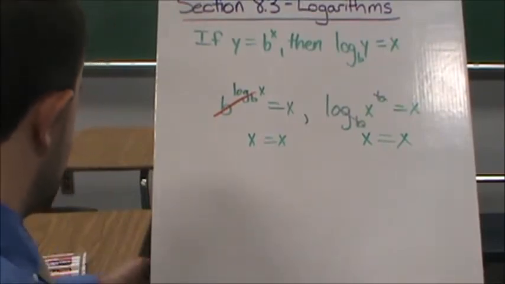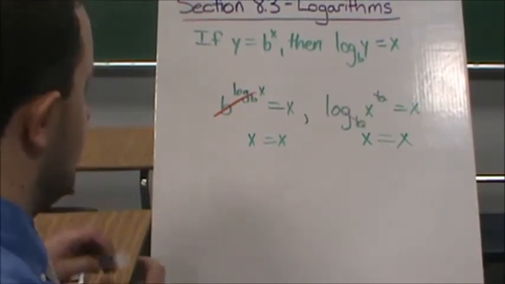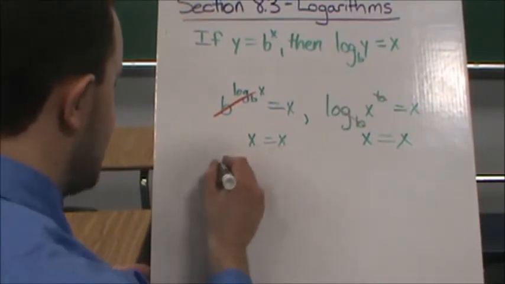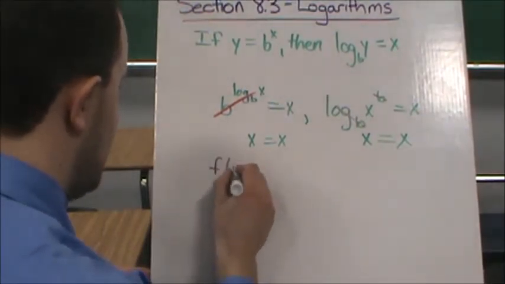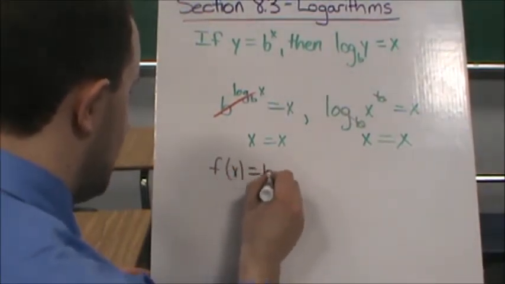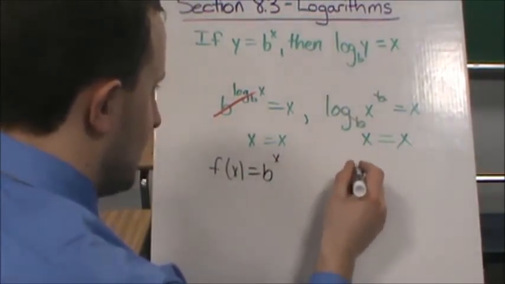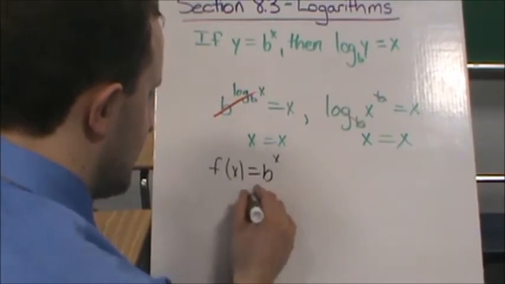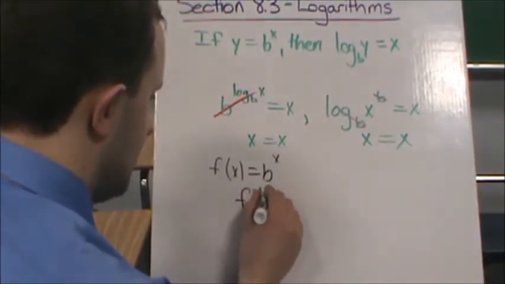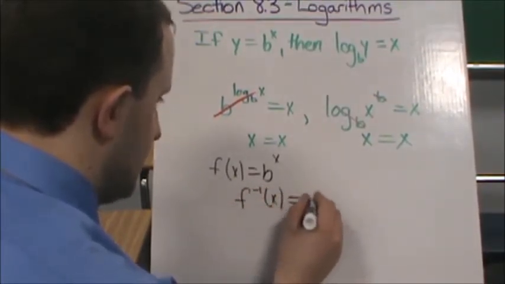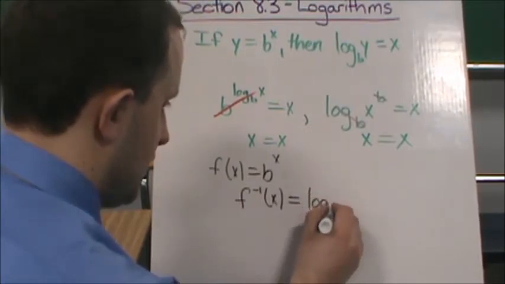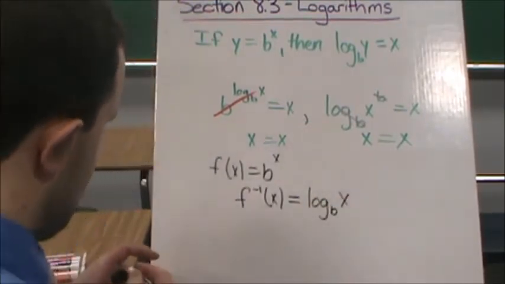If you want to think about it as function composition, in this case our function f of x equals b to the x, and our inverse function here is f inverse of x equals log base b of x.